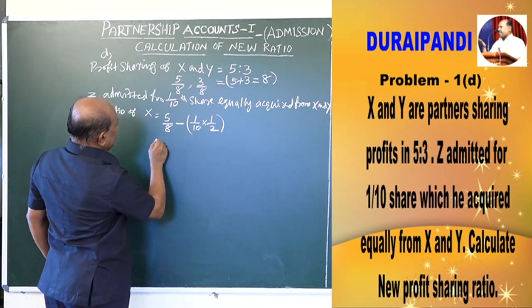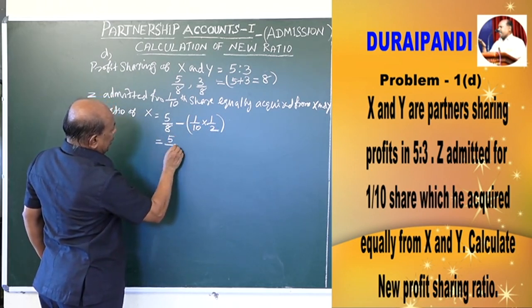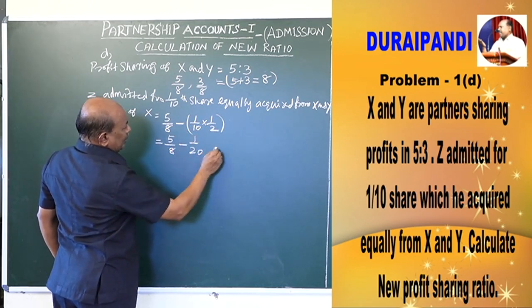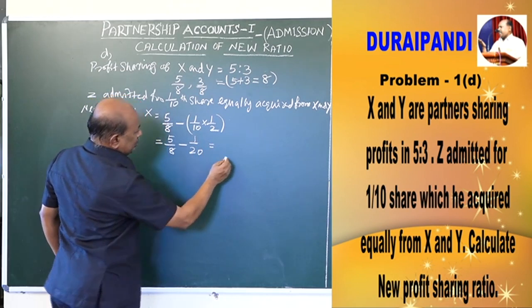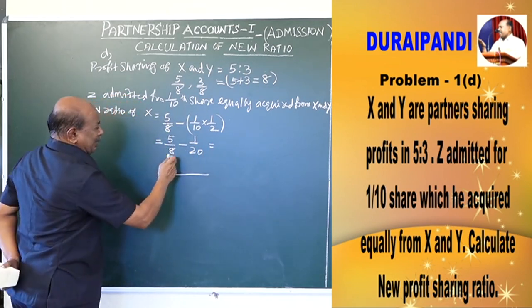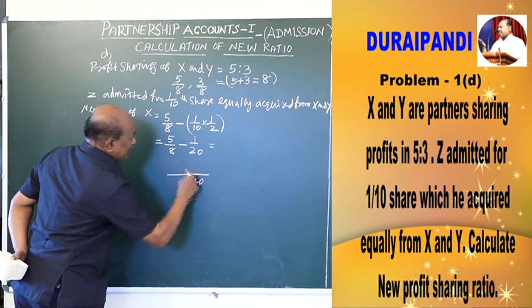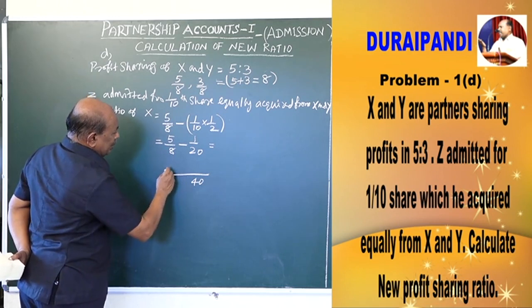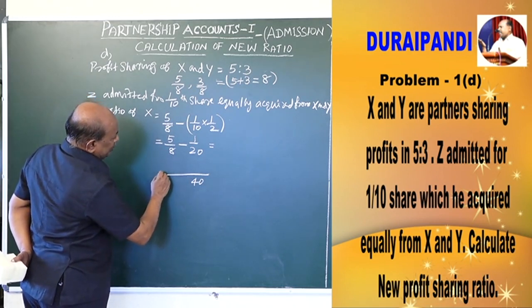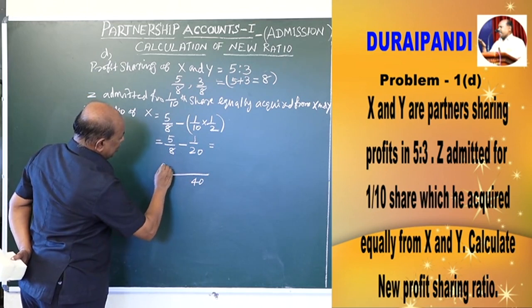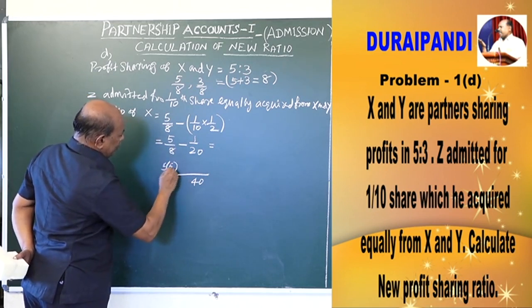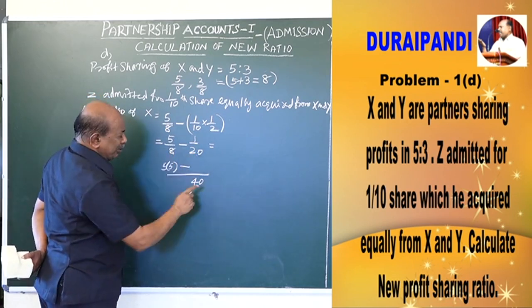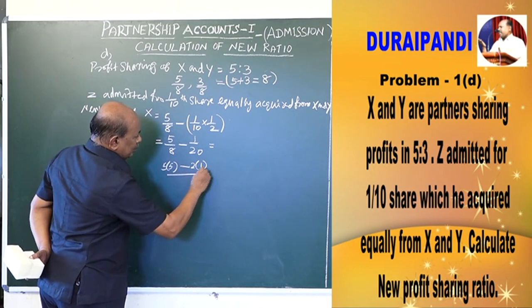That is equal to 5 by 8 minus 1 by 20. Take LCM 40. In the 40 it contains 5 times, 5 into 5 minus, it contains 2 times, 2 into 1.